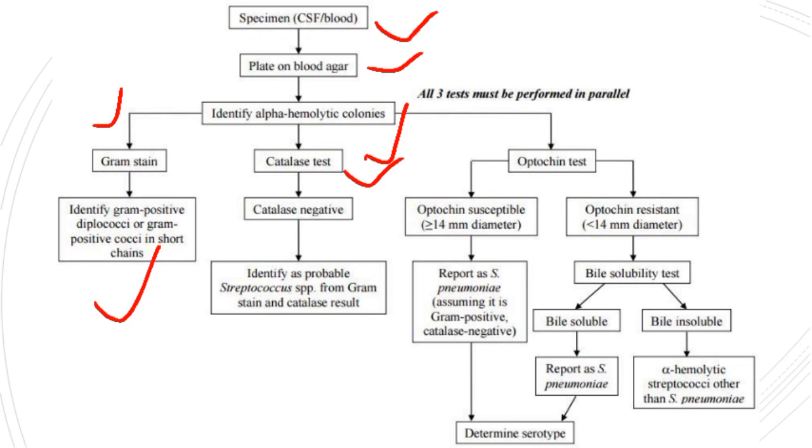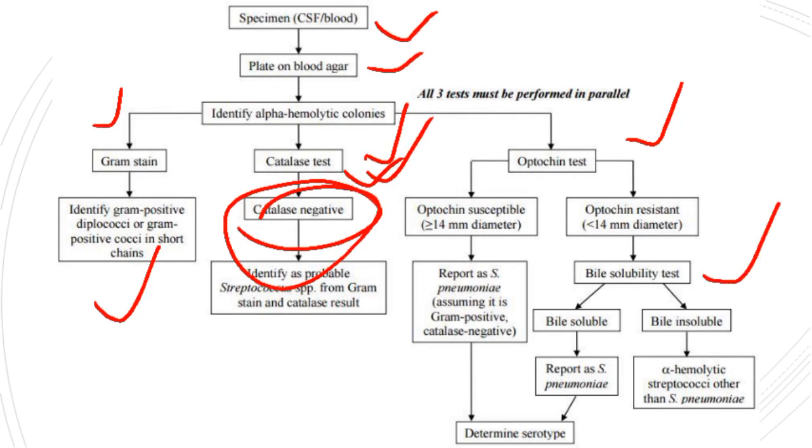remember that all the strep are catalase negative, coagulase negative. So it must be catalase negative, gram positive, and we also remember that it is optochin sensitive, and it must be soluble in bile. A Quellung reaction can also be done for that.